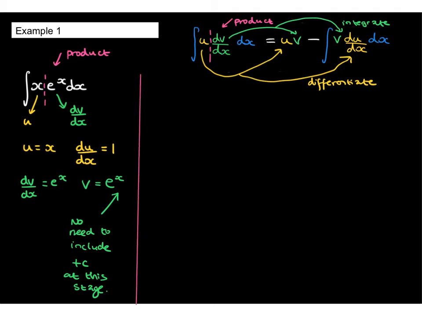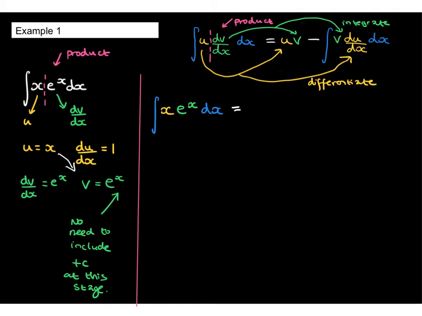So let's make ourselves some space and let's have a look at the integral. So we are carrying out the integral of x e to the x with respect to x. I'm colour matching this so you can see how the different parts match up. Now, the first part is u multiplied by v, so that's these two multiplied together.